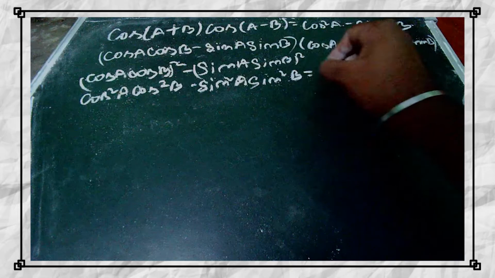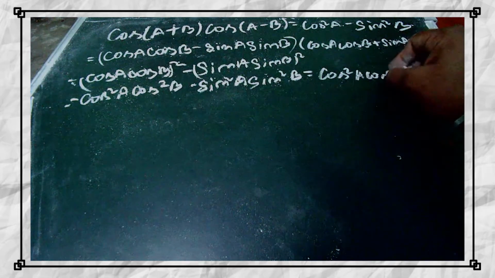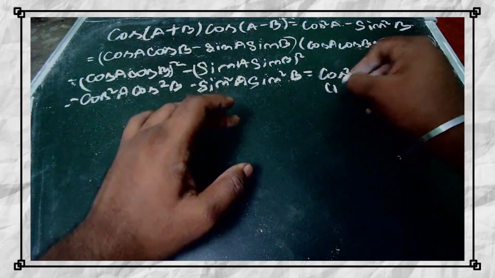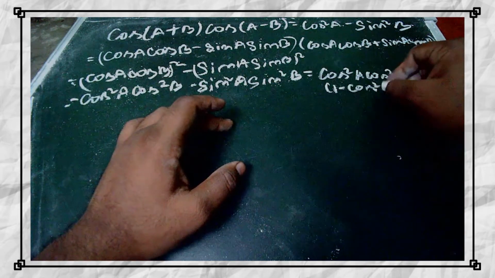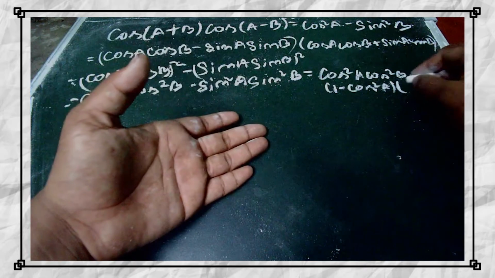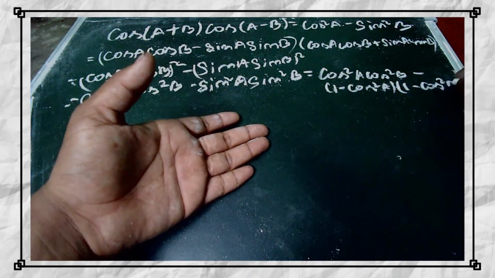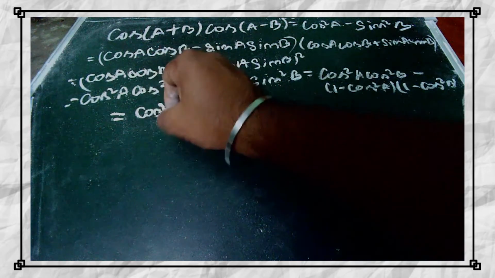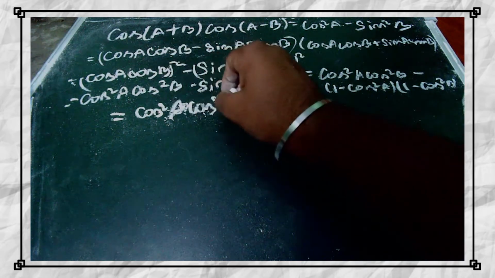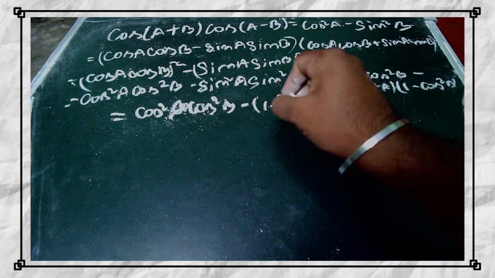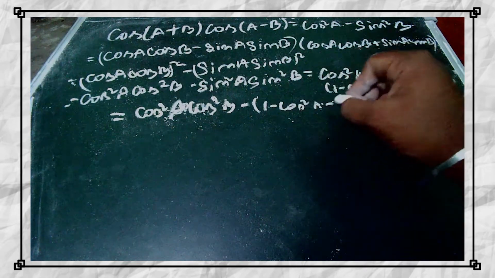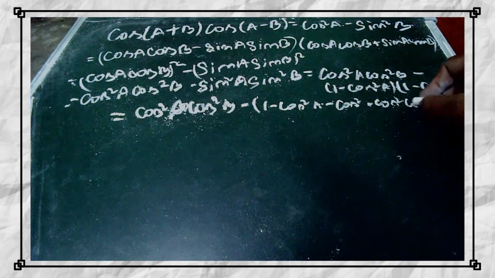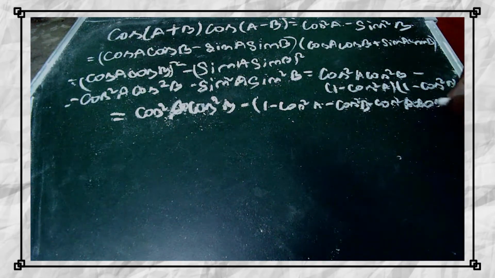So it will be cos square A into cos square B minus, we can write sine square A in terms of 1 minus cos square A and sine square B as 1 minus cos square B. So after multiplication, what we will get is cos square A into cos square B minus 1 minus cos square A minus cos square B plus cos square A into cos square B.